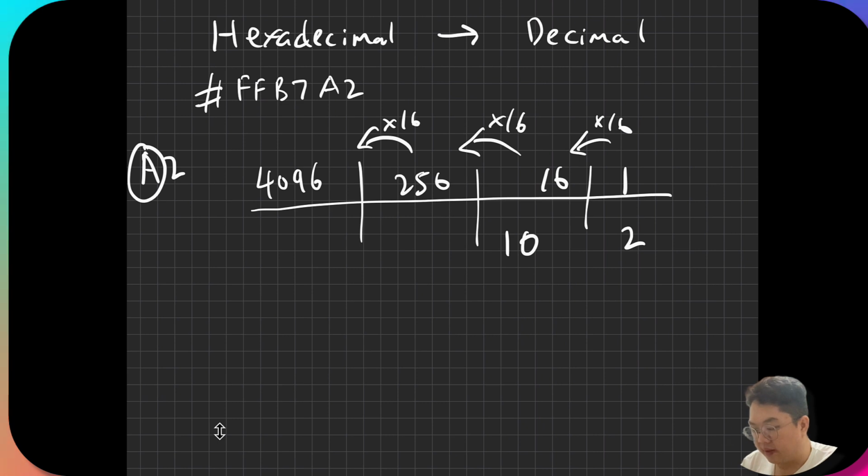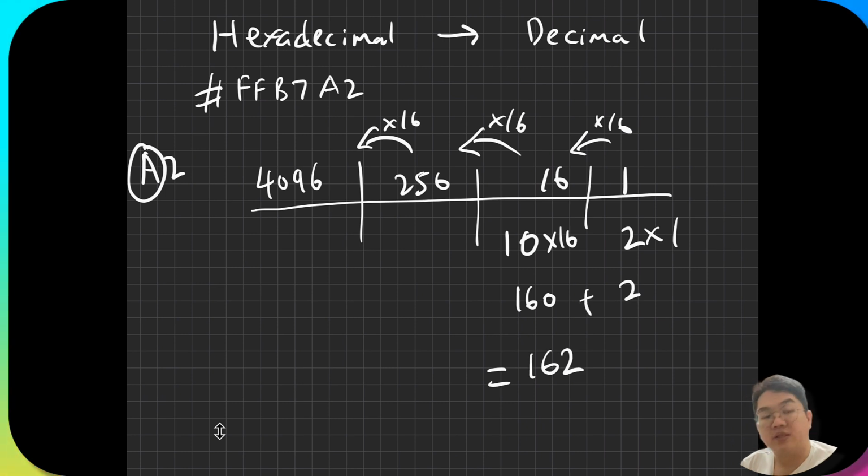We multiply according to the number at the top. 10 multiplied by 16 would be 160, and 2 multiplied by 1 gives 2. Adding them up together, the hexadecimal value of A2 to decimal will be 162.